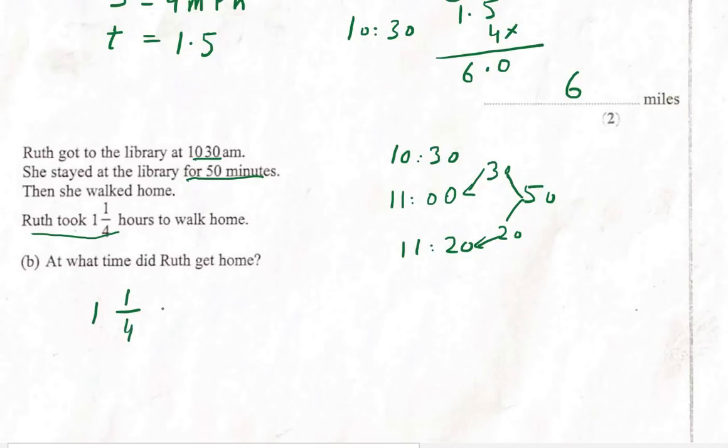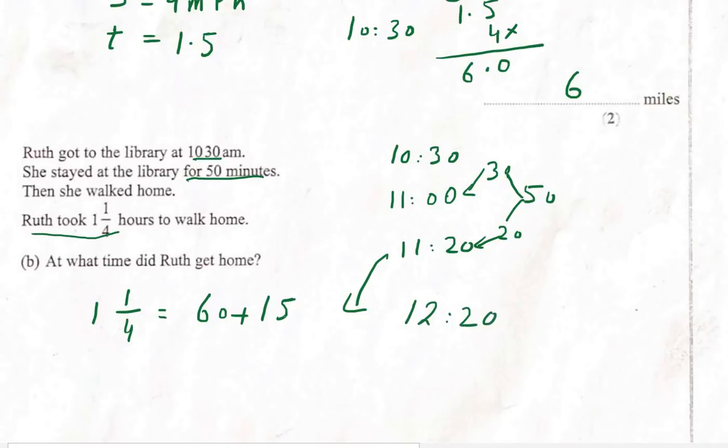It's going to be easy for you guys. 1 hour is 60 minutes, plus a quarter of an hour, which means a quarter of 60, is going to be 15. Now we have 60 plus 15 minutes. She started walking home at 11:20, so we add 60 minutes. 11:20 plus 60 minutes is 1 hour, so after 1 hour you get 12:20, isn't it?